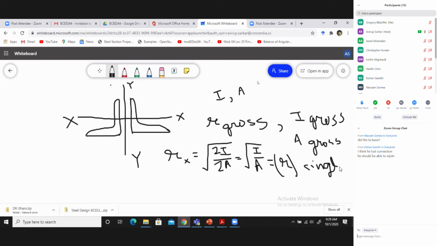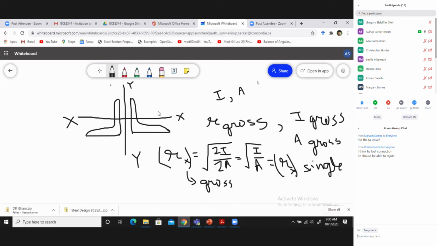So that's why when we are calculating about the horizontal axis, x-axis, for a gross section, so I will say Rx, R about x-axis for gross, that is considering the two sections, that will be same as the R about x-axis for a single section. Why?